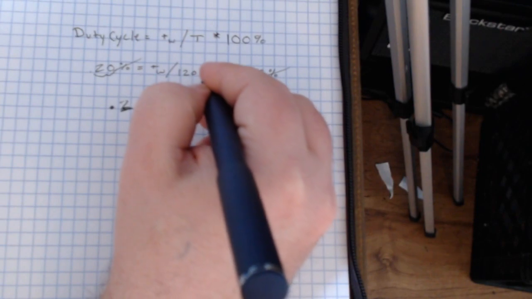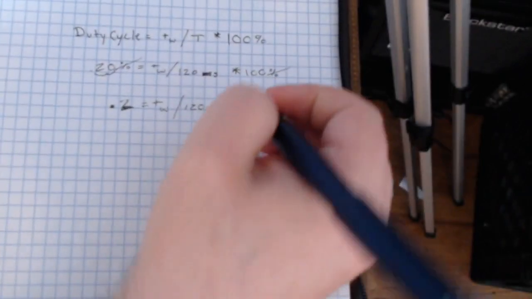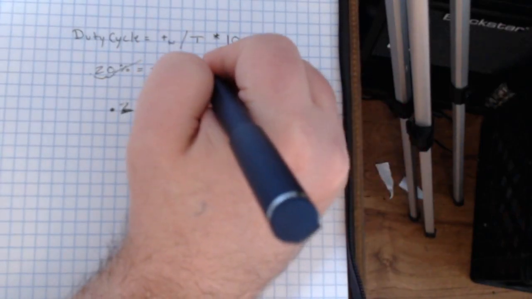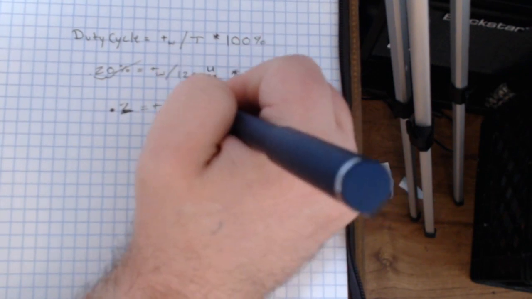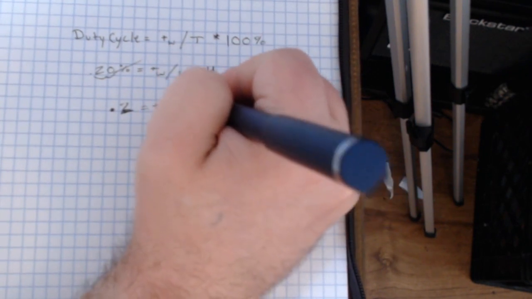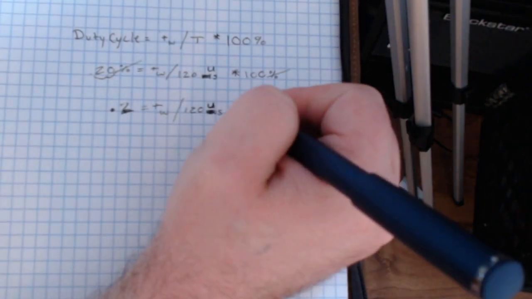See, I did ms here. Ms is milliseconds. And I just noticed we've got two ways. So when you're typing this out on a keyboard, I would advise to represent microseconds as just a U. You could just do a regular U, or you could do the U with the little stick.